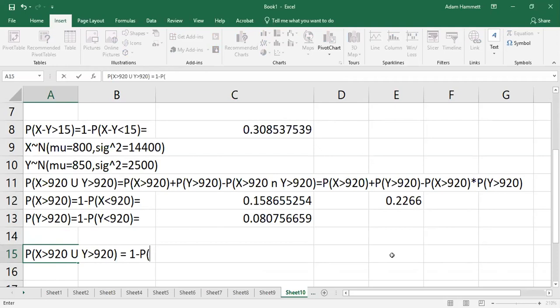Either X is bigger than 920 or Y is bigger than 920 is the opposite of the event where both are smaller than 920. Remember De Morgan's law? Yeah. So A or B is the opposite of not A and not B. So this is 1 minus the probability that X is less than 920 and Y is less than 920.